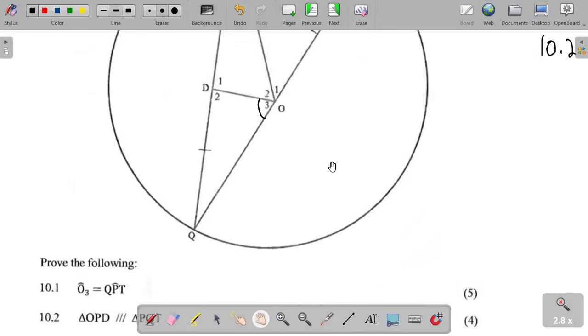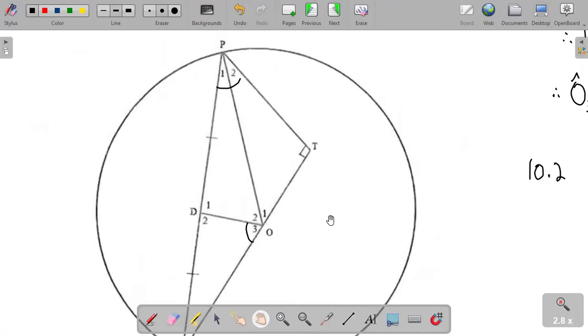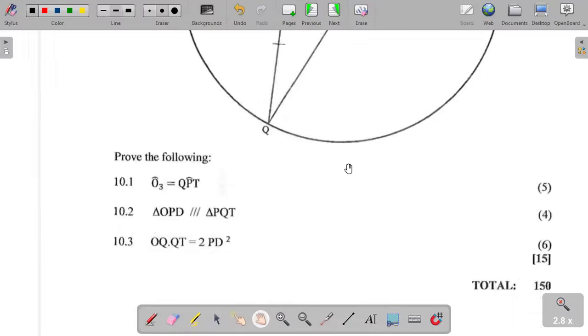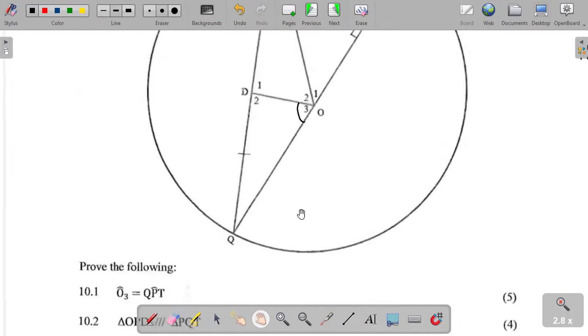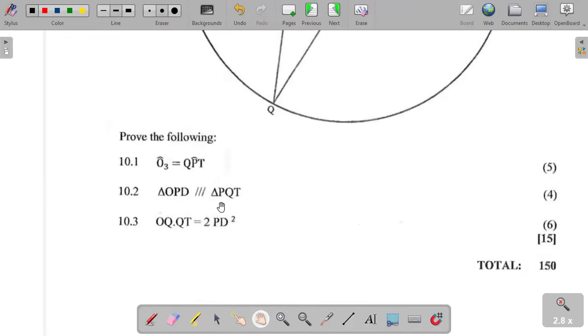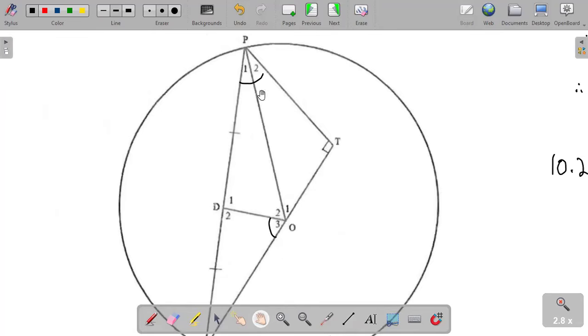They want OPD, and then they want PQT. It means that we have one angle already. We have shown already that this is equal to that because we've shown that this is perpendicular.